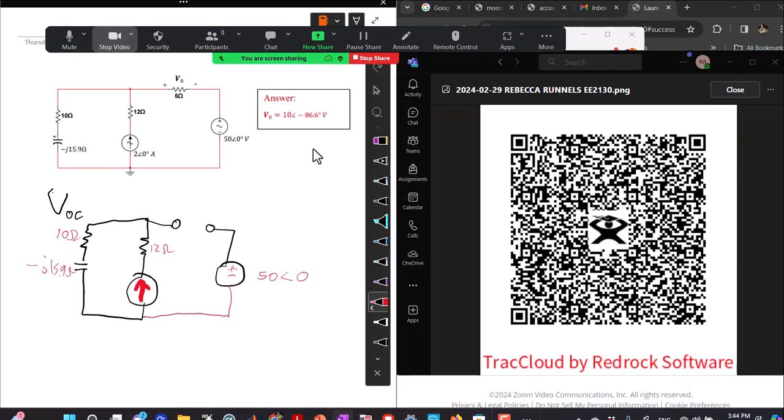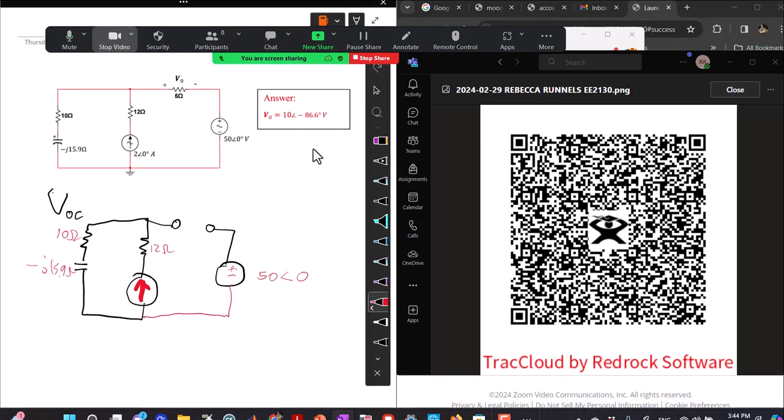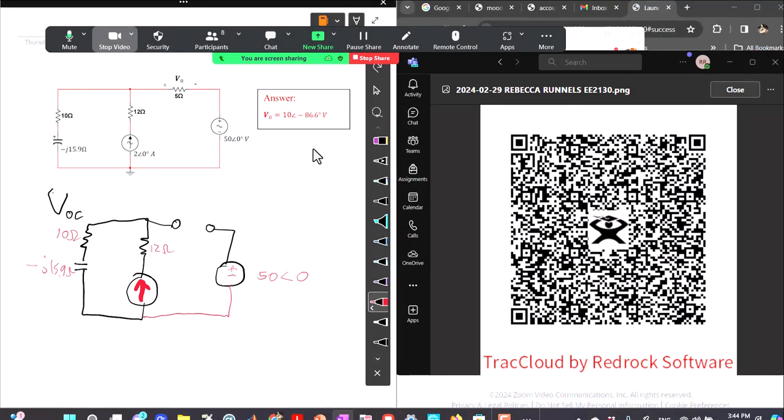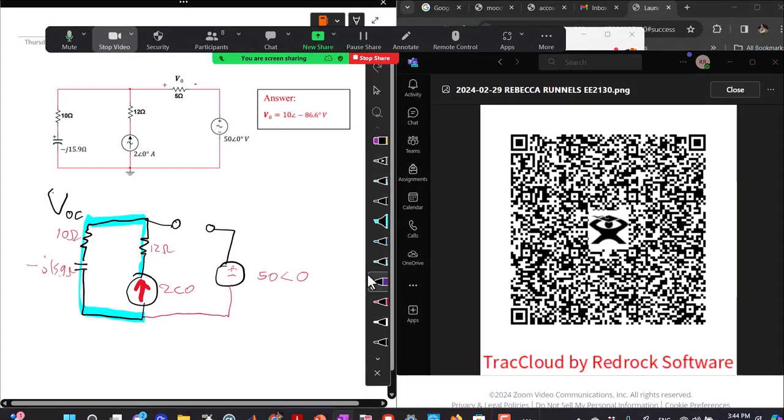All right, so I think the easiest way to get V open circuit is to realize, and tell me if you see I'm making a mistake, that as this is an open circuit, the only current that's going to flow is going to be flowing through this loop right here. And so we know the current on this loop.